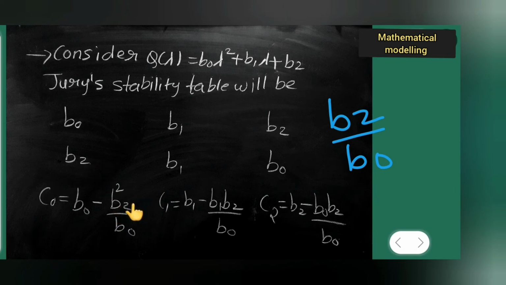So multiply with this and subtract it from the first row. So b0 minus b2 square upon b0 you will get.